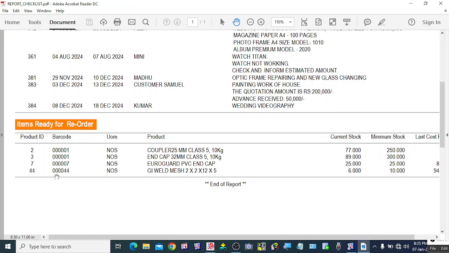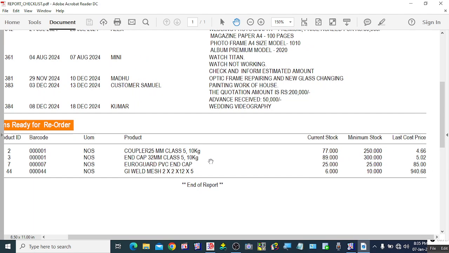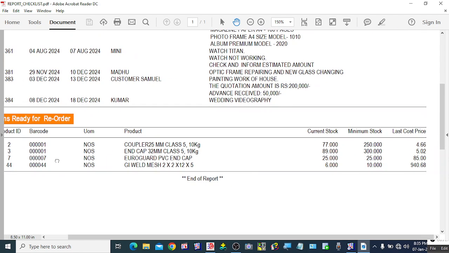or these four items physical stock reached below the minimum stock level we have set, and these four items are ready for reorder.